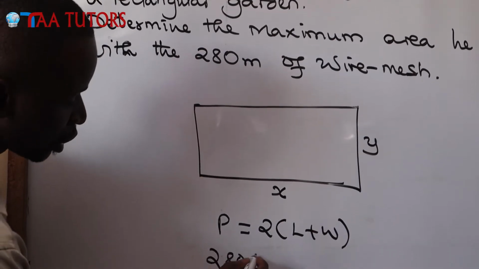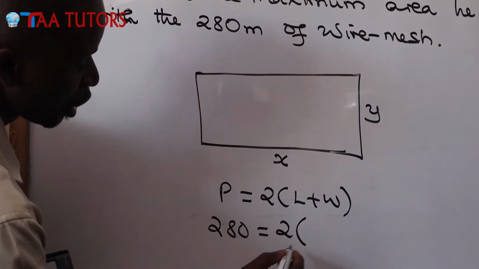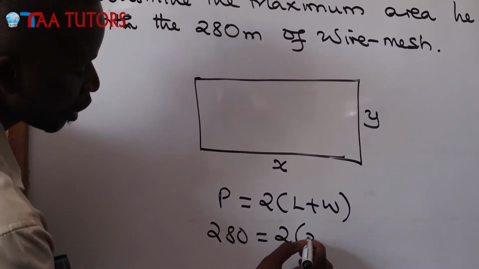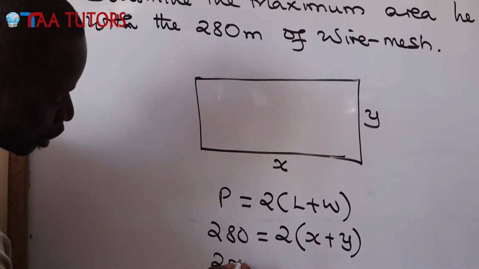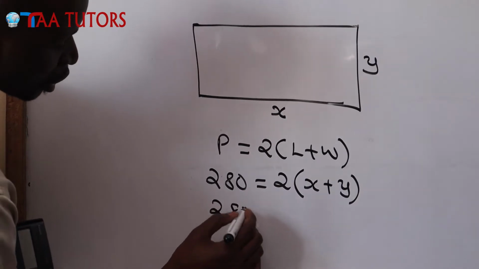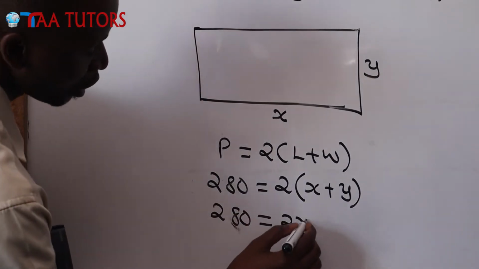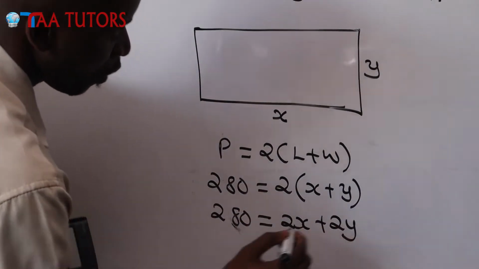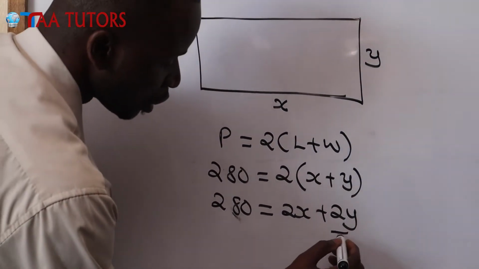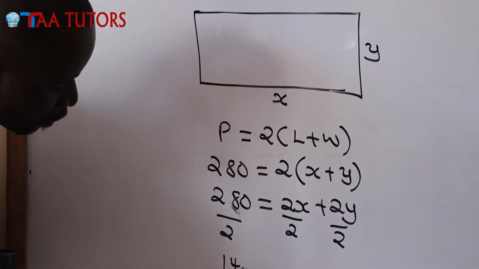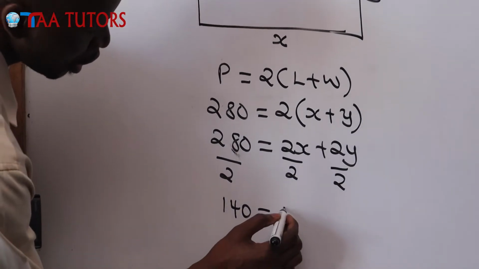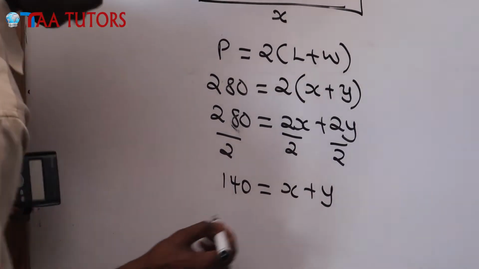So 280 equals 2 into x plus y, so 280 equals 2x plus 2y. Let me divide each term by 2. So I'll get 140 equals x plus y.